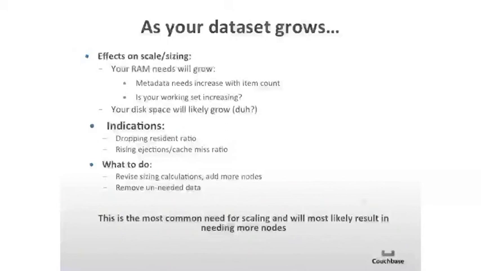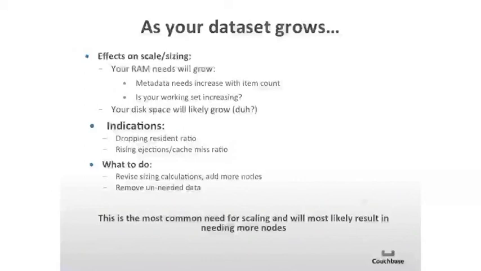The indications of this are usually a resident ratio dropping. That's the percentage of data that you have cached in RAM versus on disk, and or your cache miss ratio rising. That's the ratio of reads that are being served from disk as opposed to from RAM.